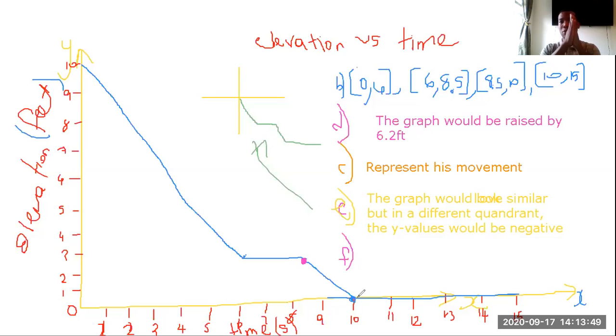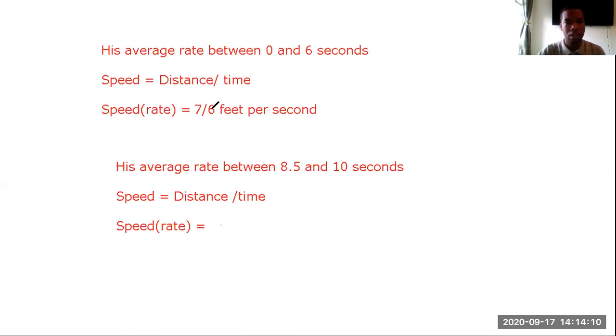I'm using the horizontal and vertical so you can understand. So from 8.5 seconds to 10 seconds, he went from 3 feet to 0. All right. So then we're going to go back here. Oh, text box. We're going to go back here and we're going to do the distance.